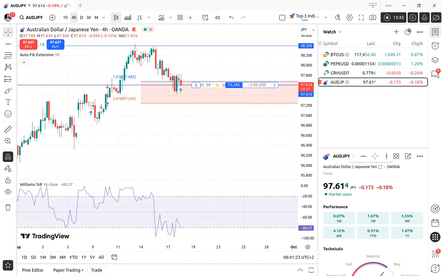We use the daily chart to find the range. The pattern to find the range.